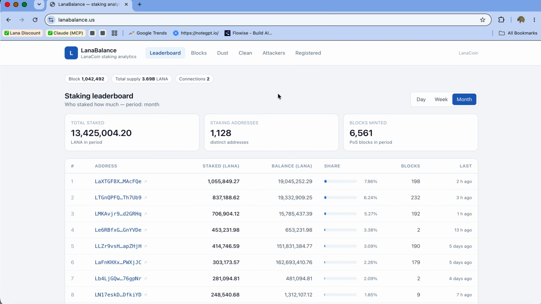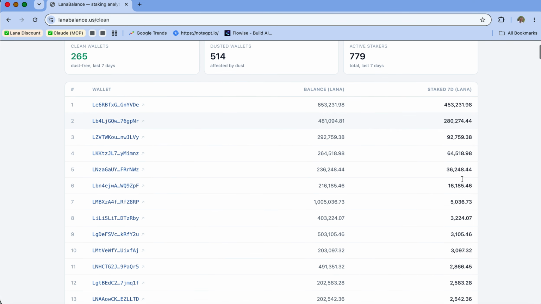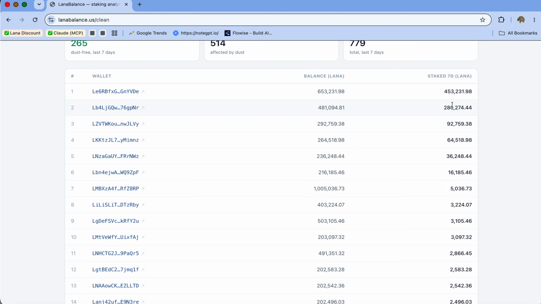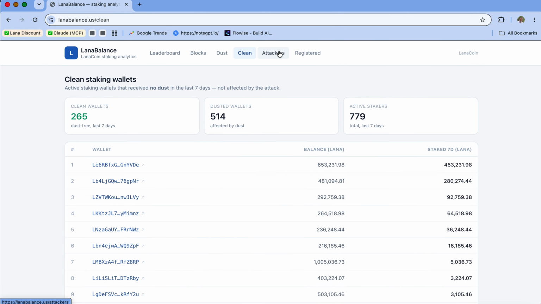I don't know. Maybe some of you have some ideas. I'm not that familiar, but this is strange. These are the staked amounts in the last 7 days, and it is strange that this is shown in that way. But anyway, maybe someone has some explanation.